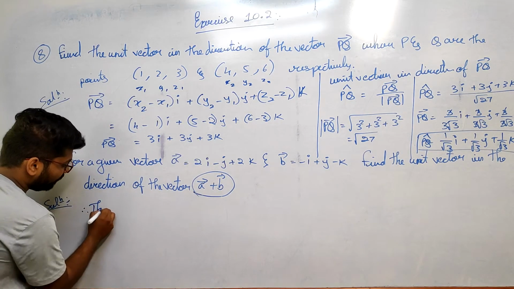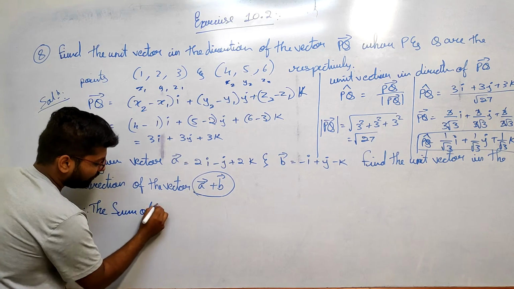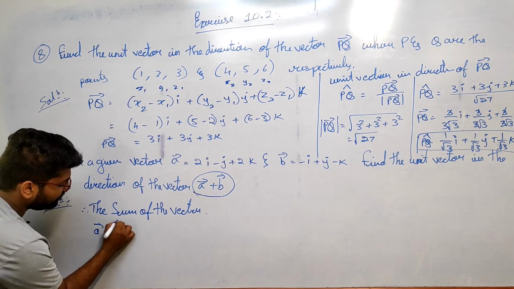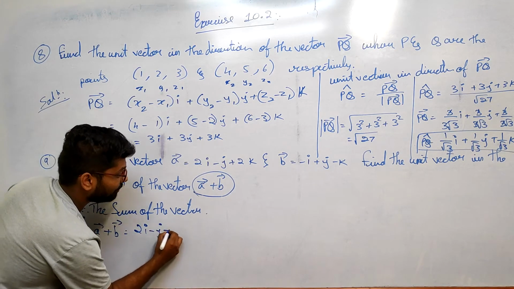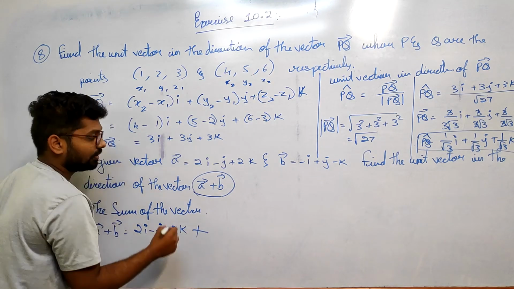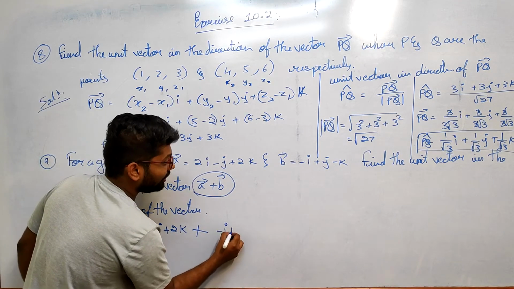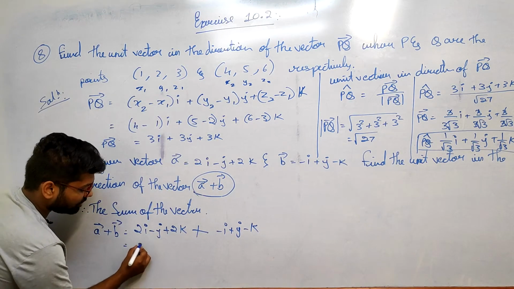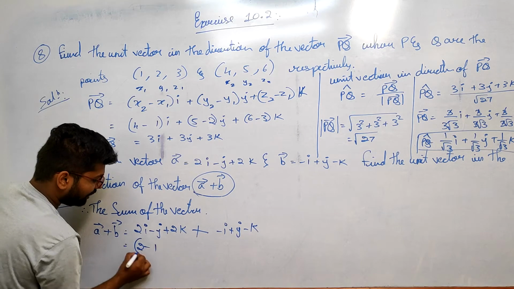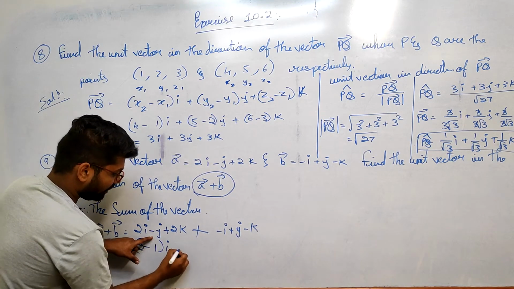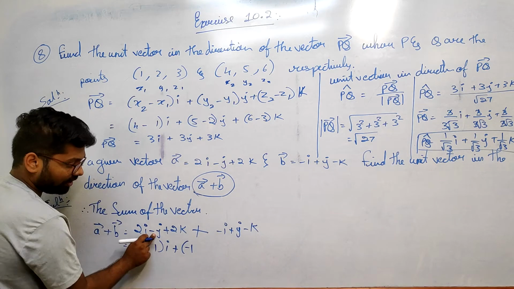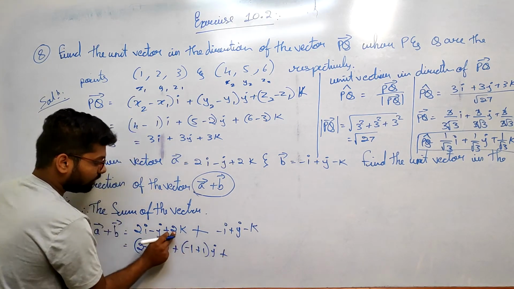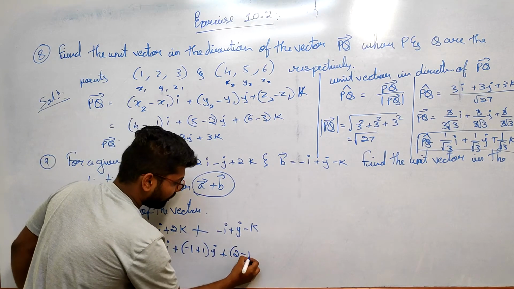Therefore the sum of the vectors, a bar plus b bar, is 2i minus j plus 2k plus minus i plus j minus k. So that is 2 minus 1 i, plus minus 1 plus 1 j, plus 2 minus 1 k.